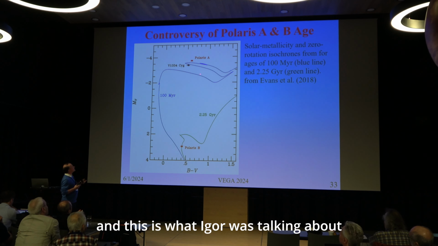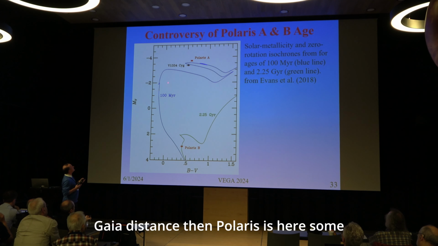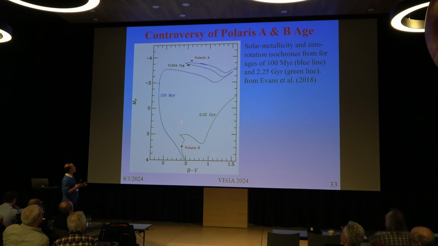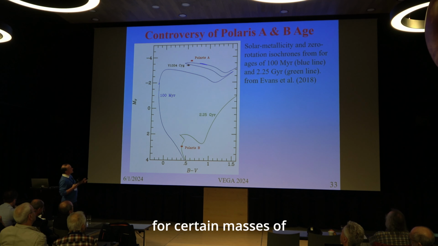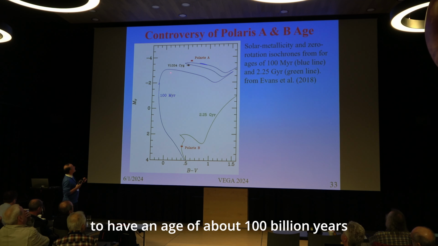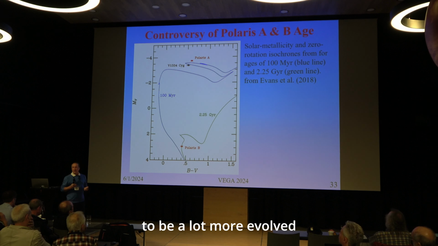And this is what Igor was talking about. If you assume the Gaia distance, then Polaris is here. Some other Cepheid is shown for comparison here, and Polaris B here. These are isochrones for certain masses of stars, and Polaris is supposed to have an age of about 100 million years, but Polaris B is supposed to be a lot more evolved.